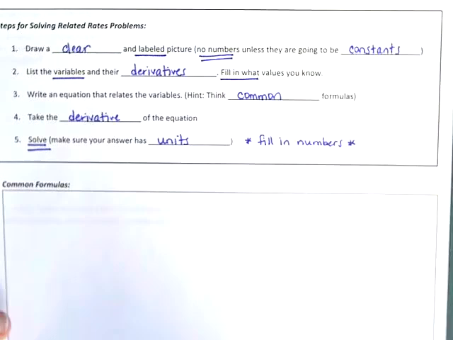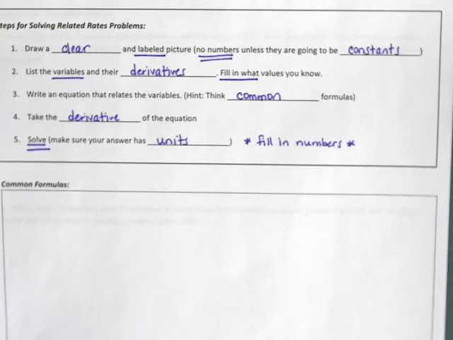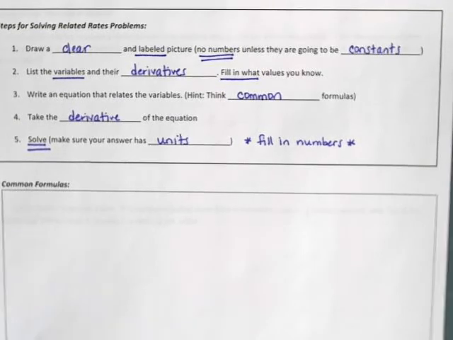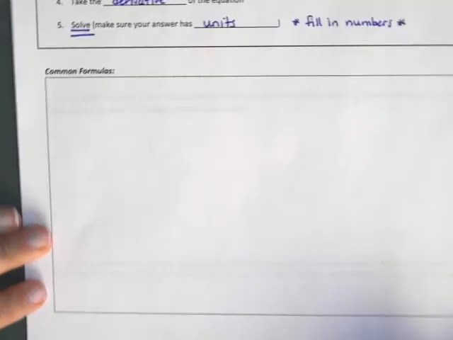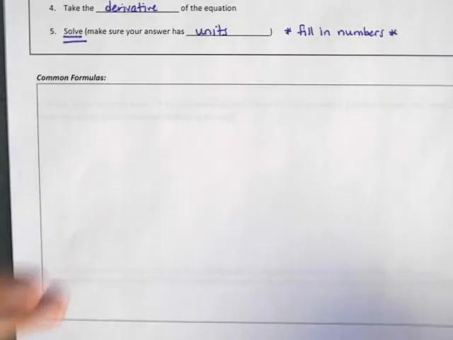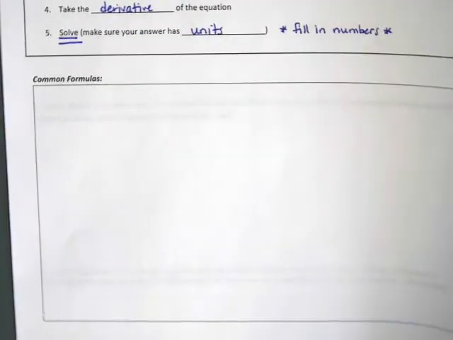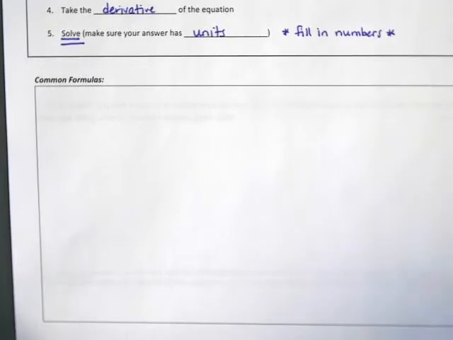We never fill in numbers unless they are not changing, unless they're constants, until the very end of the problem. So what are some common formulas that come up? Well, as we work, why don't we fill in what formulas we use? Today, we're going to start with formulas that involve the Pythagorean theorem. So let me show you a few examples.